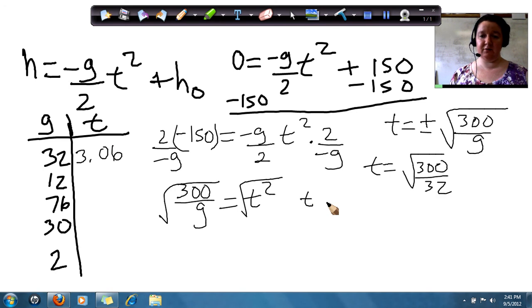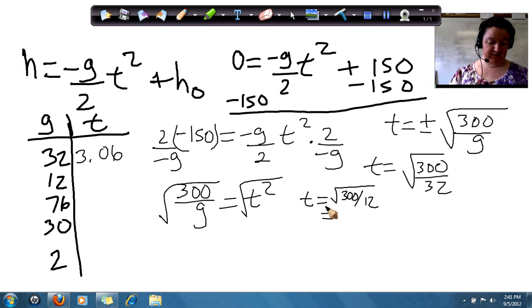We have t equals the square root of 300 divided by 12, which gives us 5.